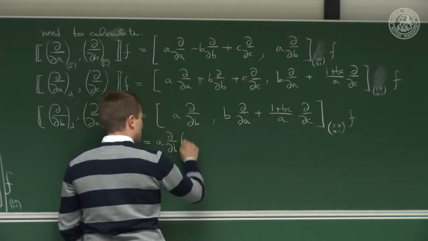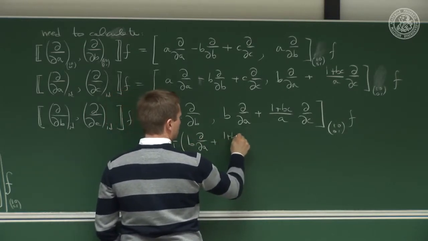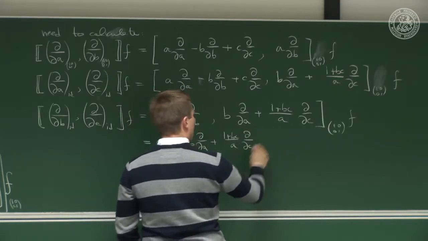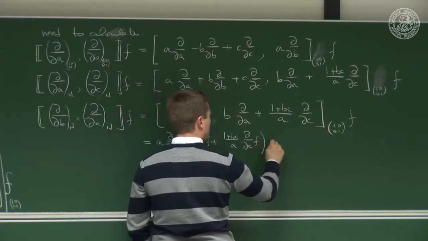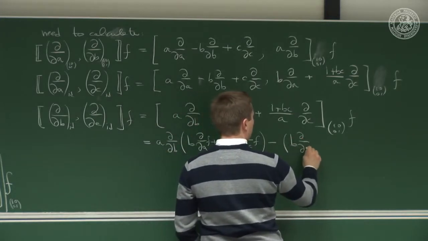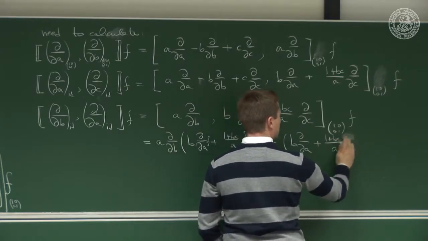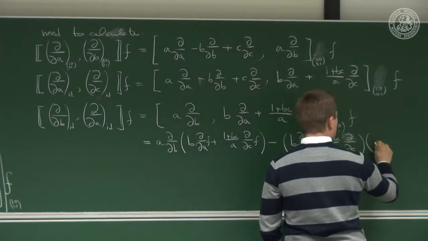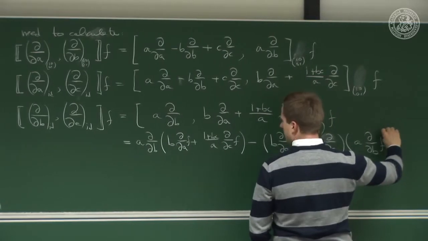A d by dB of (B d by dA plus (1 plus BC over A) d by dC) acting on f, so I can immediately write the f here, minus the other way around: (B d by dA plus (1 plus BC over A) d by dC), and this acts on A d by dB on f.